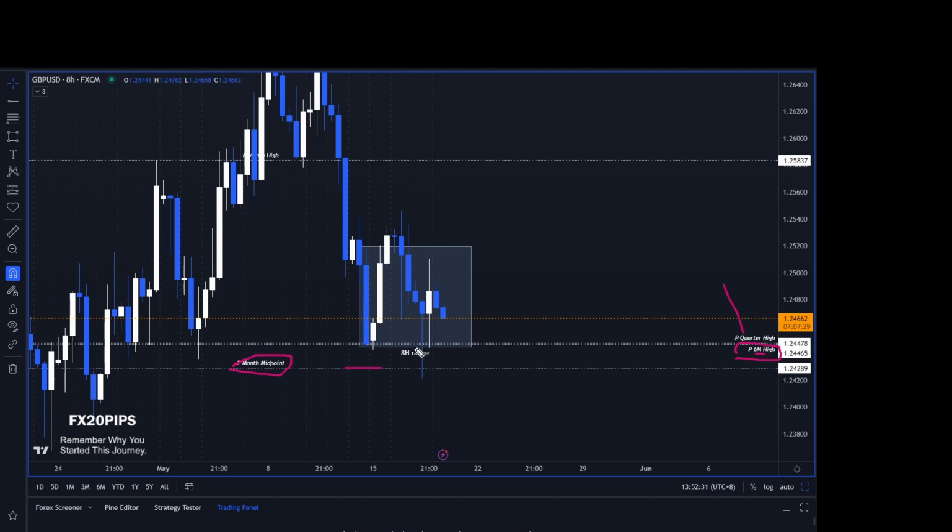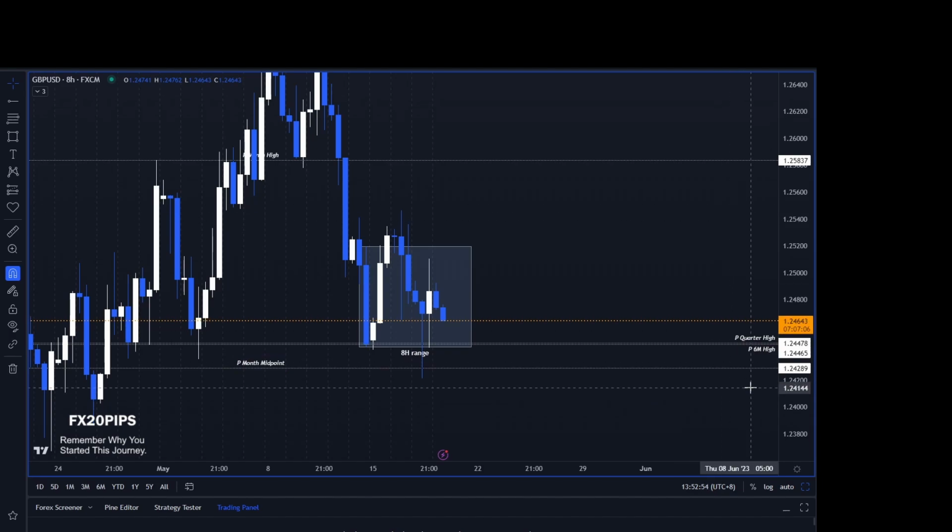Based on the candles, there are buyers here that just quickly pushed the price back up. And this is very close to the round figure of 1.24000. This is just something for you to take note of.